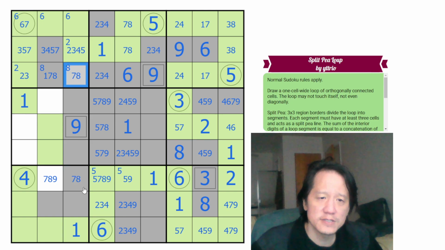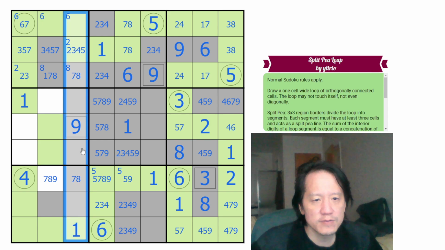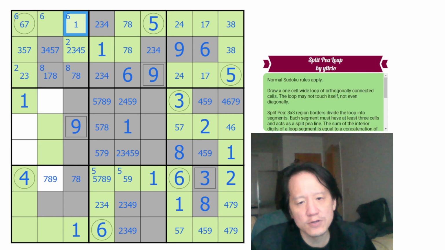We have a 7, 8 pair in column 3. So the rest of the column, besides that pair, cannot contain a 7 or 8. So therefore, this is 2, 3, no 1. It could be 2, 3, 4, 5, 6. This is 2, 3, 4, 5, 6. This is 2, 3, 4, 5, 6. This is 2, 3, no 4, 5, and 6.